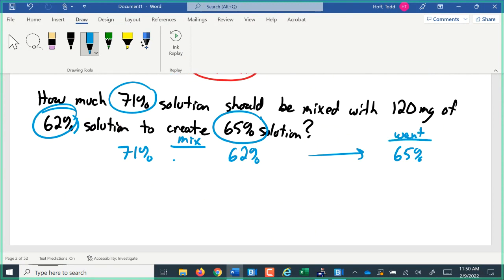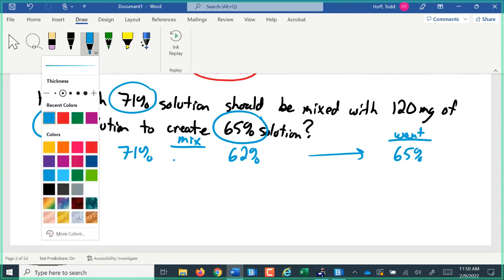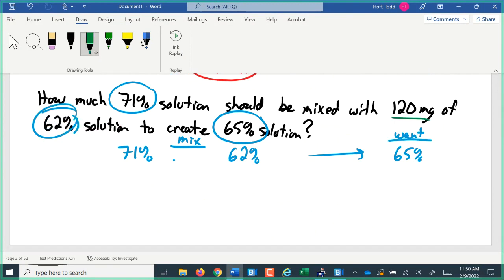That's what we desire. That's what we want. 120 milligrams is the amount of the 62% solution. So what we're trying to find is how much of the 71% solution, the amount of the 71% solution.